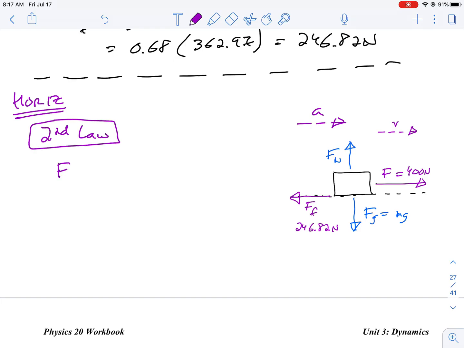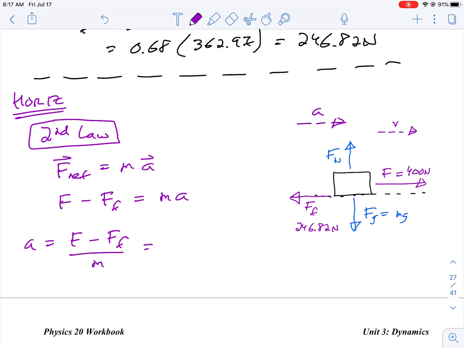So now we know this is going to be F net equal to ma horizontally. So, horizontally, you see that F is going to the right, so that's positive. FF is resisting it, going to the left, so it's negative, equal to ma. So just get a by itself: F minus FF over m.